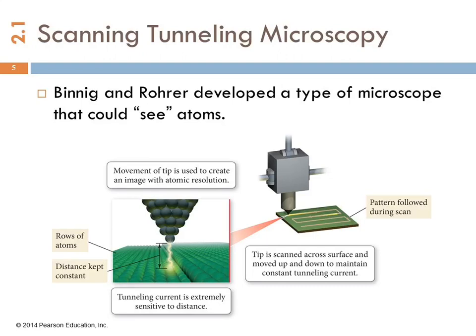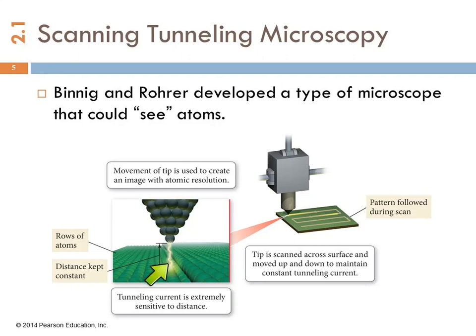So here's an illustration of how this works. There's a tip on this microscope, and it is moved over the surface that it's examining. It does a raster pattern, going back and forth in very small movements.